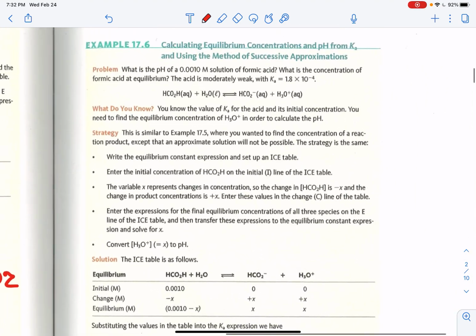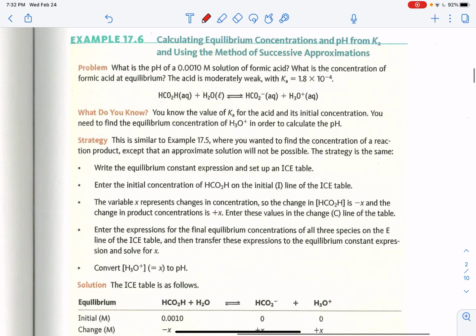All right, let's take a look at this problem right here. What is the pH of a 0.0010 molar solution of formic acid? Talked about this a little bit later. 1 carbon as opposed to the ethanoic or acetic acid, which has 2 carbons. There's my Ka.